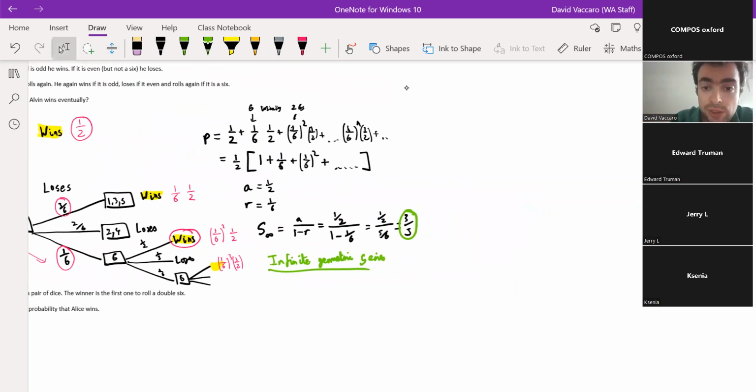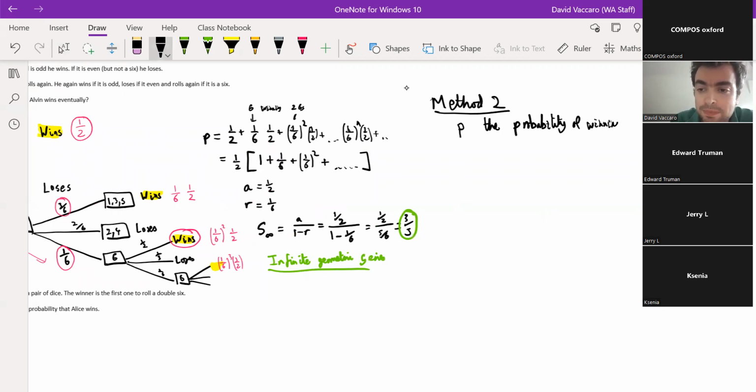So this is method 2. I'm going to call P the probability of winning. And this is actually pretty snazzy. So I'm going to draw my first branch of the tree again. So there's a probability of half of winning.